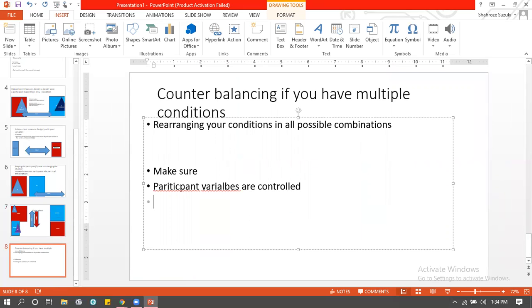And number two, why do we do this? To save, or to not waste, time or resources gathering participants, because in repeated measure design you can use the same people for all conditions, so you require fewer participants.